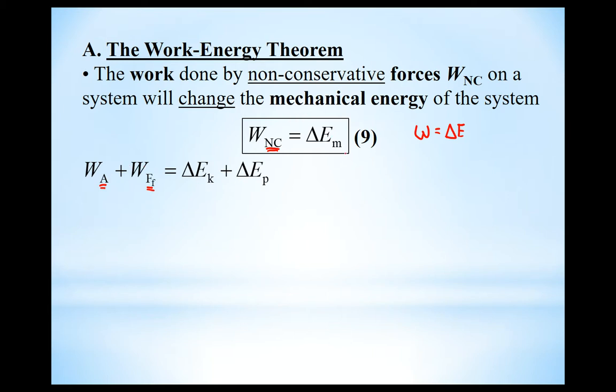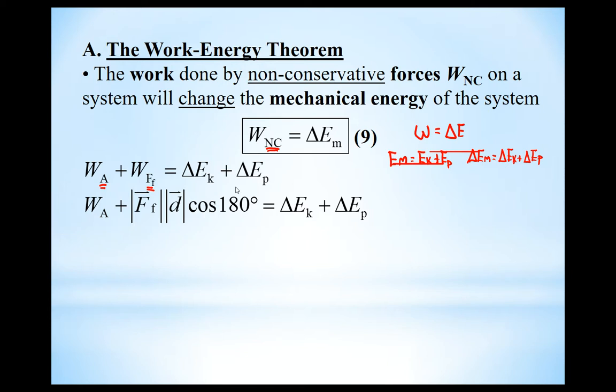Now, in terms of delta EM, well, if we know that EM is EK plus EP, then delta EM would be equal to delta EK plus delta EP. Okay, so delta EM becomes delta EK plus delta EP.